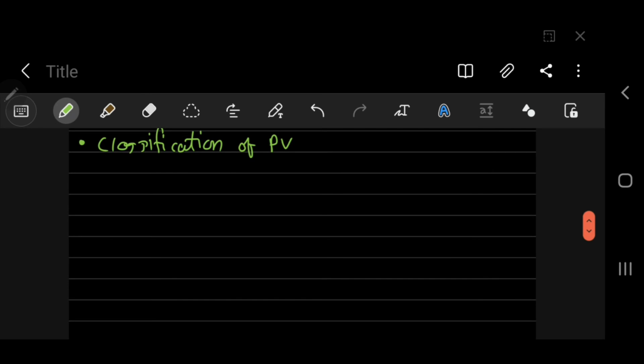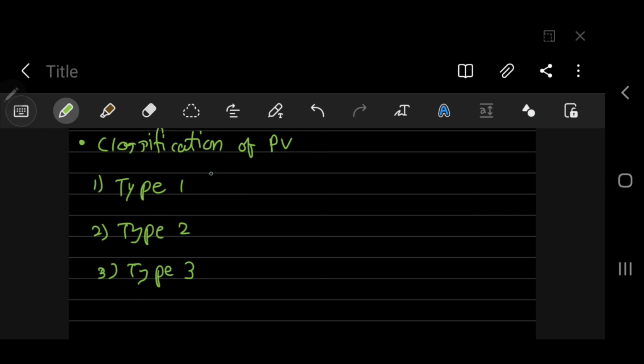So there are 3 types of pressure vessels: type 1, type 2, and type 3. The first type is used to store toxic gases.